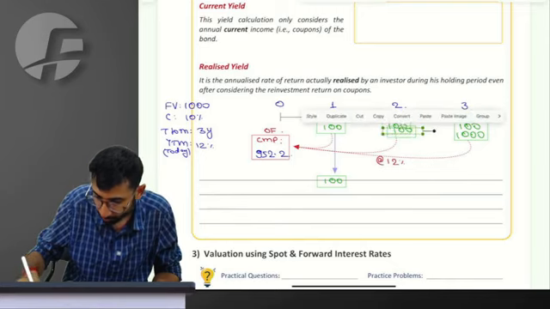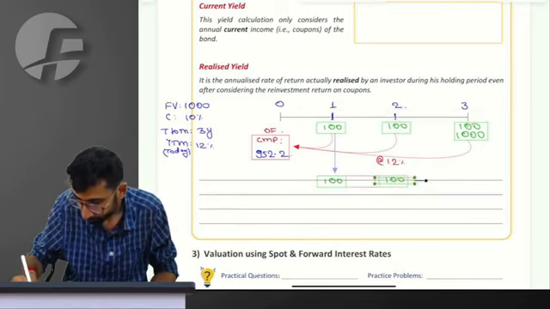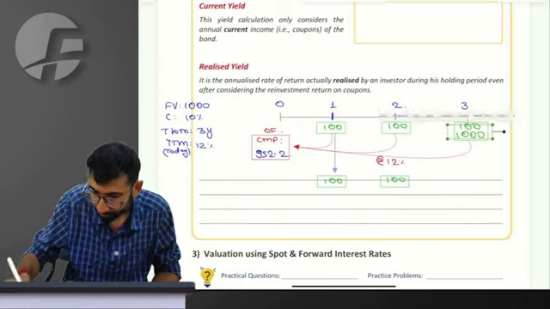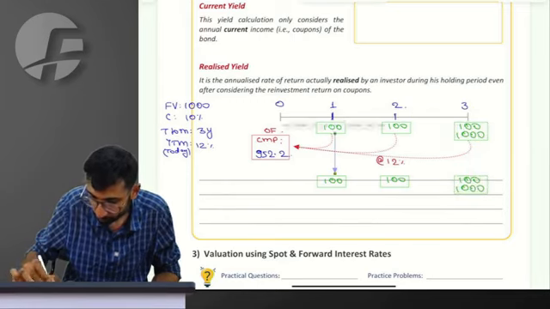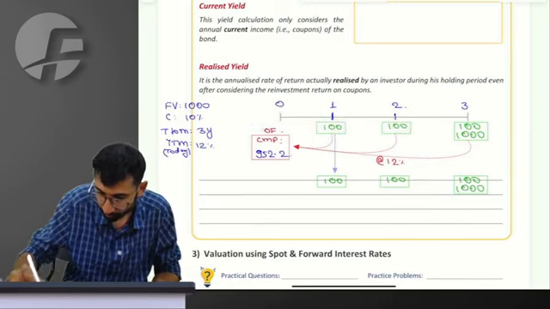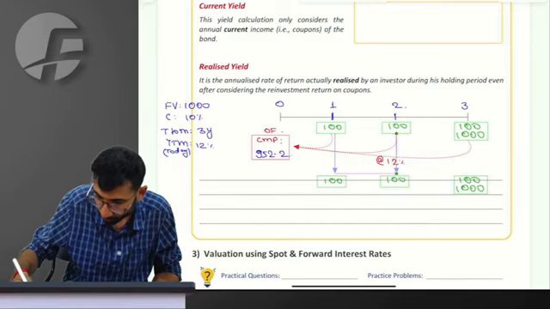Similarly, this 100 rupee of coupon. Similarly, this 1100 rupee. They will be reinvested for the respective number of years.